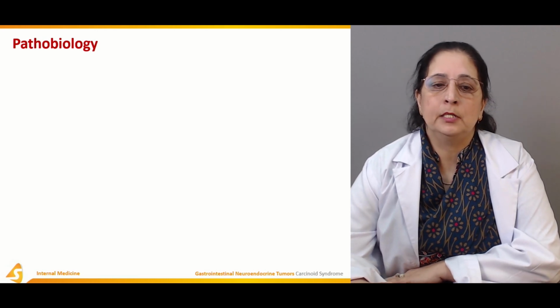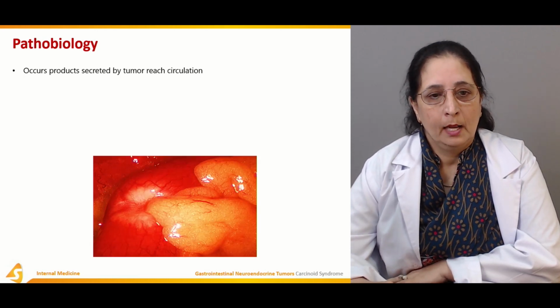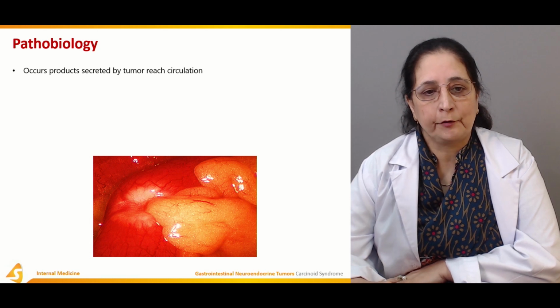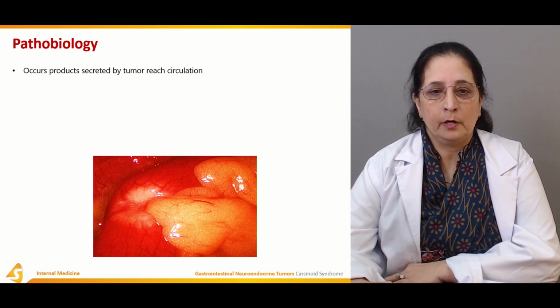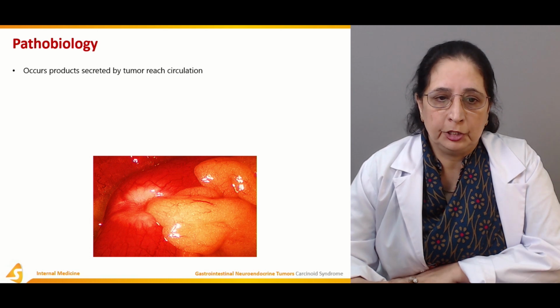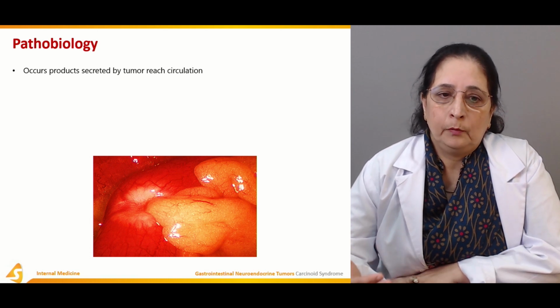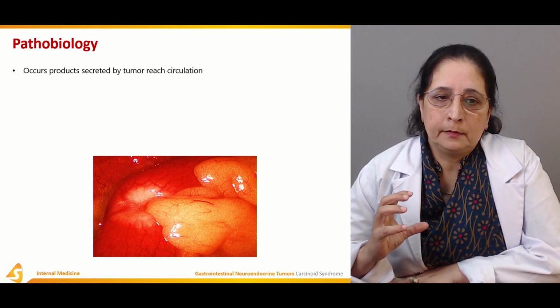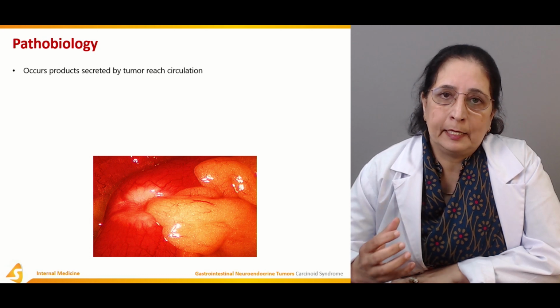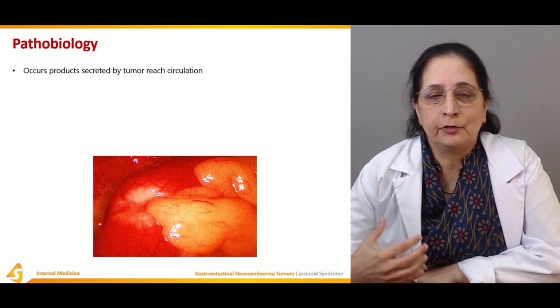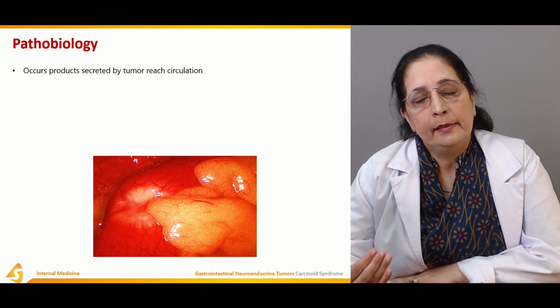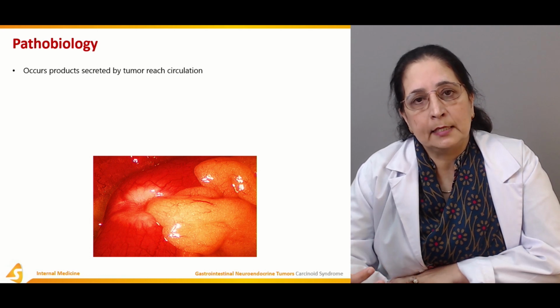Pathobiology of carcinoid syndrome: products secreted by the tumor reach the circulation. Once these products which are secreted by the tumors reach the circulation, they produce different systemic effects.